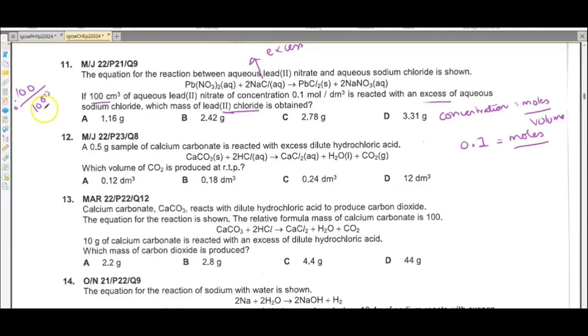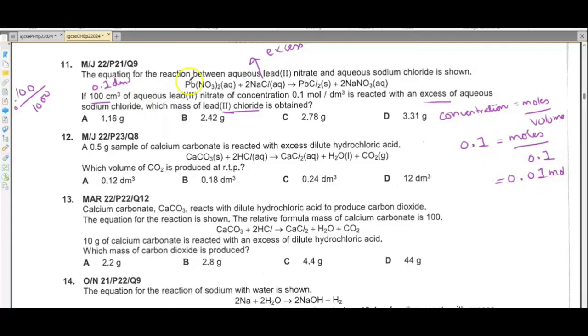So this is going to be 0.1 decimeter cubes. ठीक हो क्या? So we will write the volume to be 0.1 decimeter cubes. So 0.1 into 0.1 is going to give us 0.01.